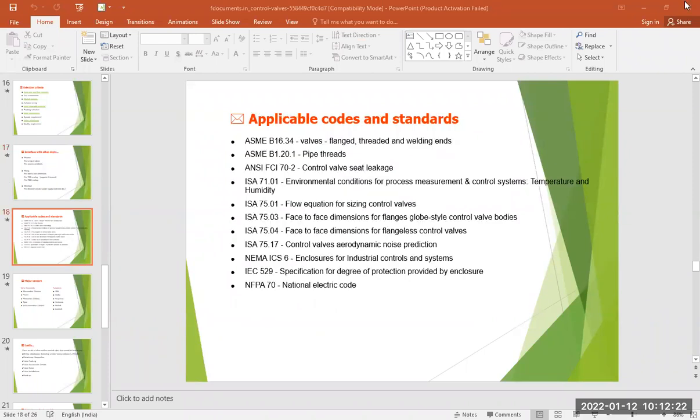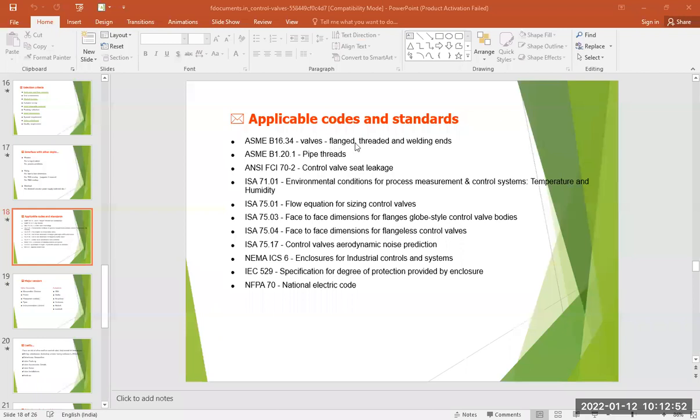Next, these are the applicable codes, or globally standard codes, we have to use in our process control industries for the control valve. You just have to see these tables also. These are the different codes according to their uses in the process control industry. This is ASME B16.34. This is one type of valve.